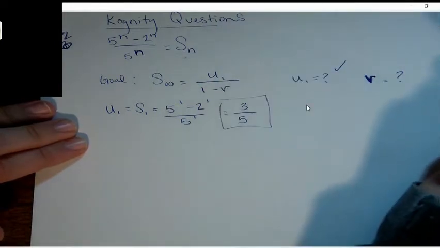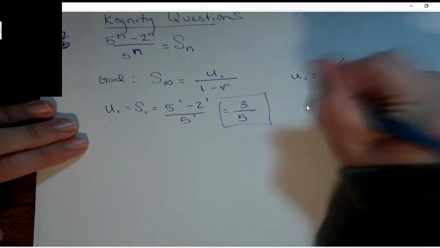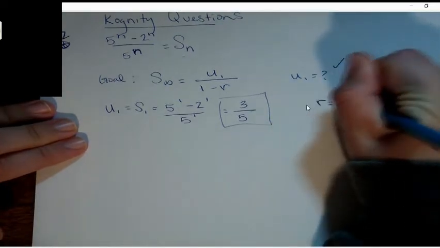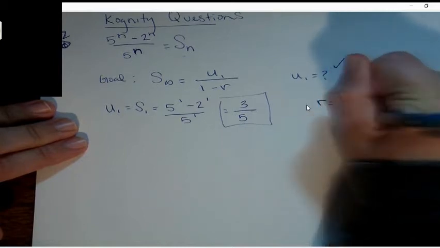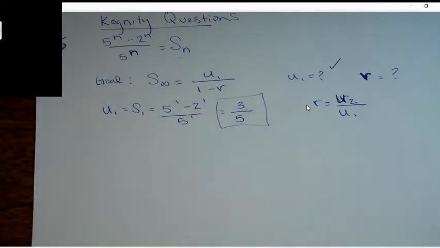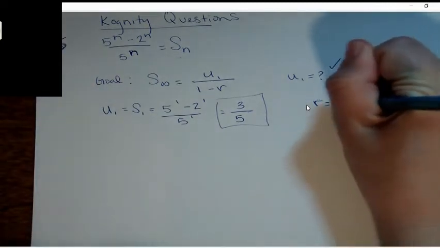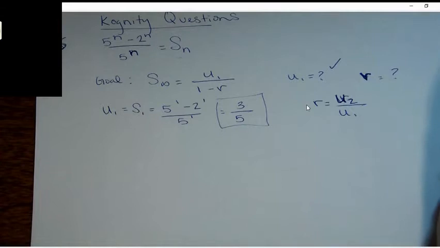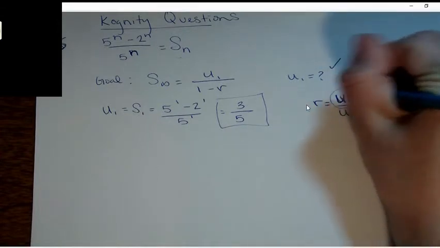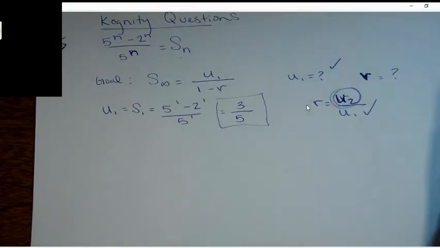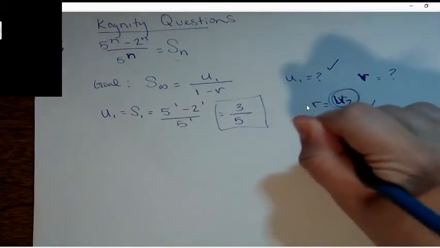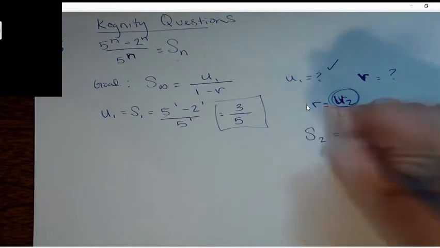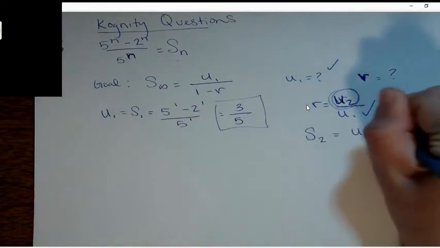Now, a way to calculate the R that utilizes what we already have is by taking U2 and dividing it by U1, okay? This is not going to be too difficult to find. The only thing we need here is U2. We have U1, okay? So what we can do is the sum of the first two terms is just U1 plus U2, correct?